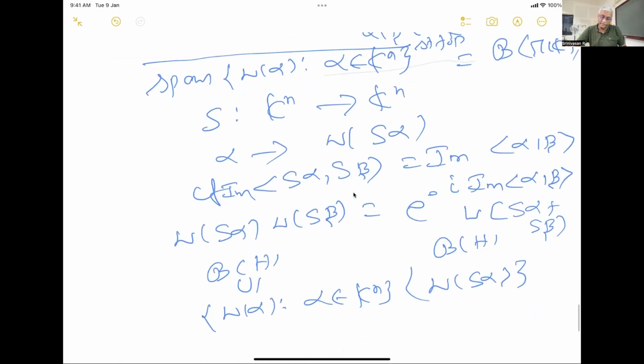So the map W(α) to W(Sα) is an algebraic homomorphism.